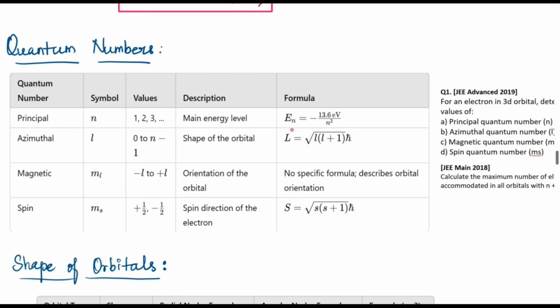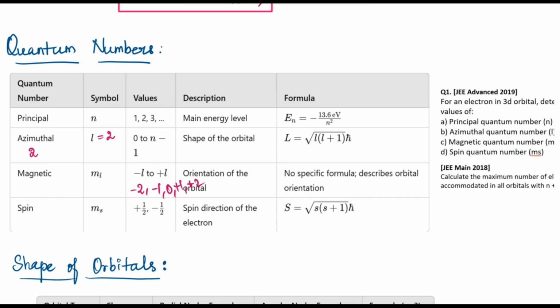So let's say the l value is 2. Then it will come out to be minus 2, minus 1, 0, plus 1, plus 2.